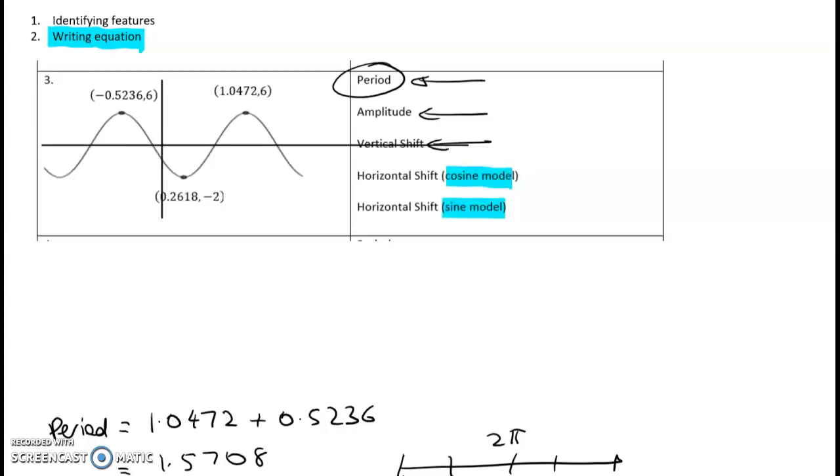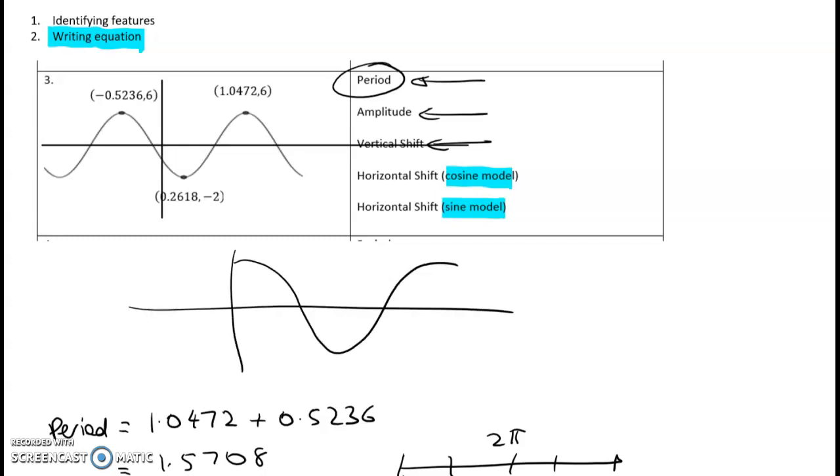If we're modeling this with a cosine model, my standard cosine graph starts here, that's the top there. The maximum is at 0. But in our cosine model, you can see that the maximum has been shifted out here. So it's been shifted to the right by 1.0472 units. And that's what my horizontal shift number is.